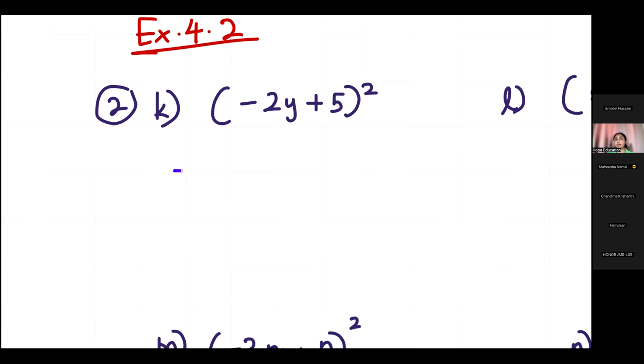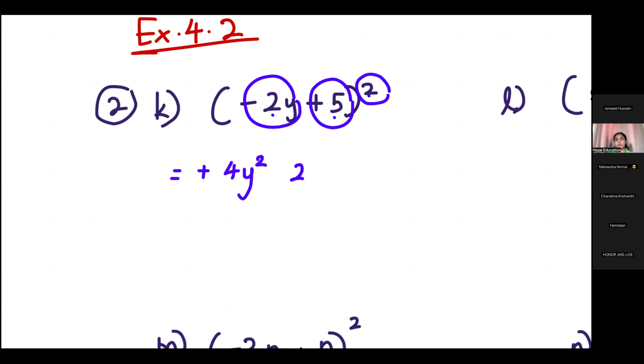First term squared: minus 2y squared. 2 times 2 is 4, y times y is y squared, minus times minus is plus. Then first term multiplied by second term multiplied by 2. So 2 times 5 is 10, 10 times 2 is 20.